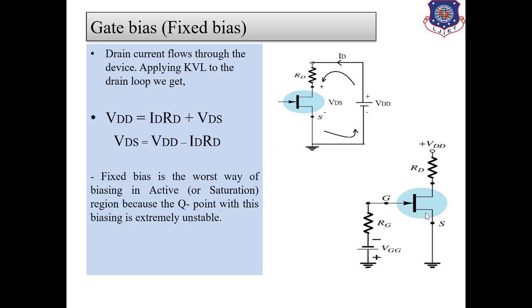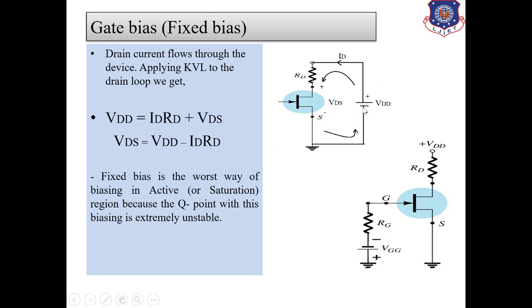The first one is fixed bias circuit, that is also known as gate bias circuit. This is the N-channel JFET, plus VDD is applied at the output side battery. ID current, the drain current, flows, and you simply have to apply Kirchhoff voltage law.